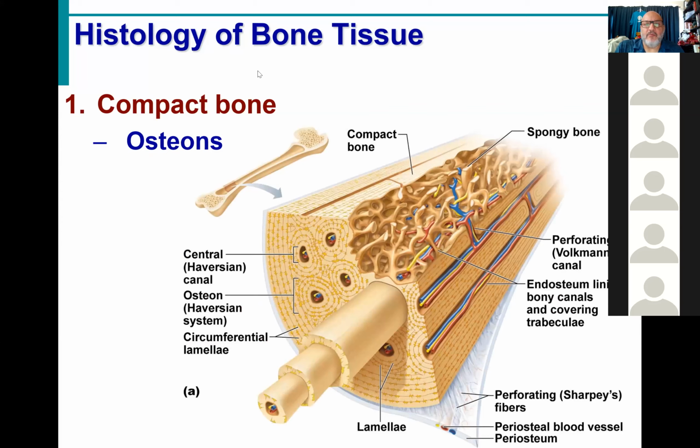bone marrow. Remember, as we talked about, as an infant and as an adolescent growing, all of the bone marrow in our body is red bone marrow. However, as we start to age, our bone marrow starts to accumulate adipose, and as it fills up with adipose it becomes yellow bone marrow.